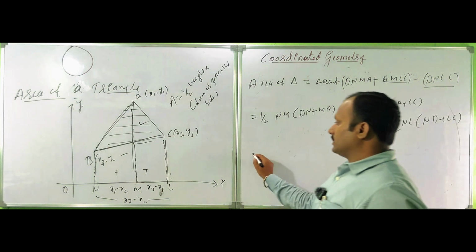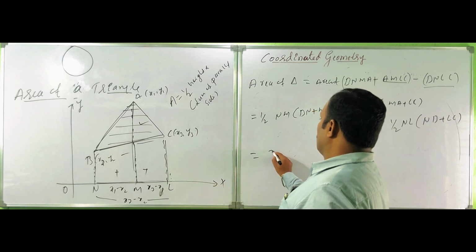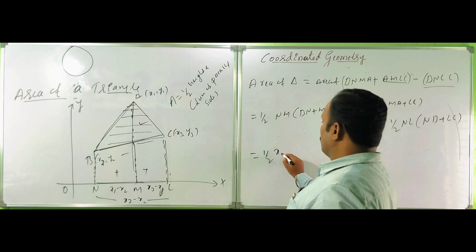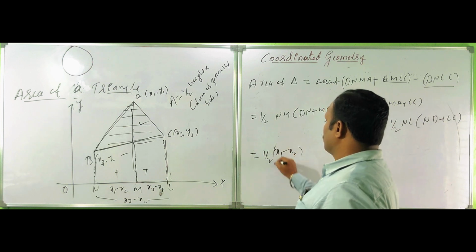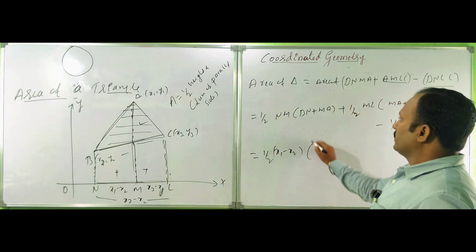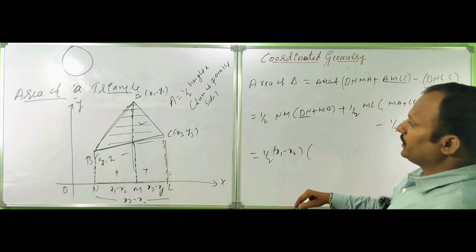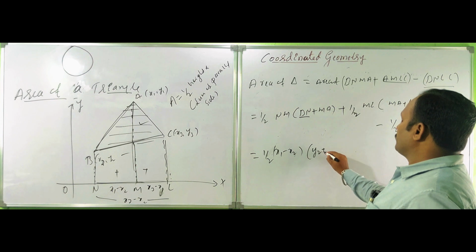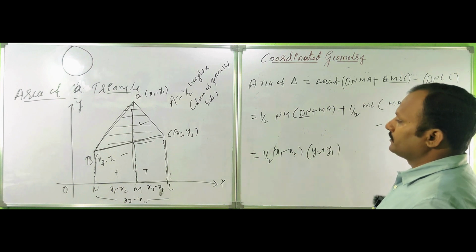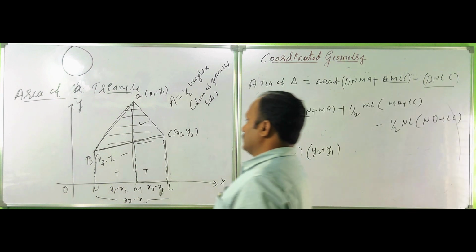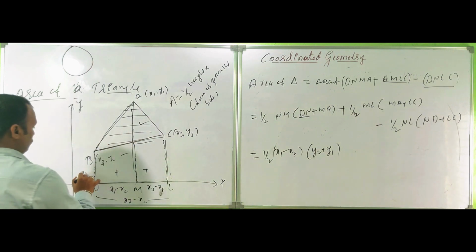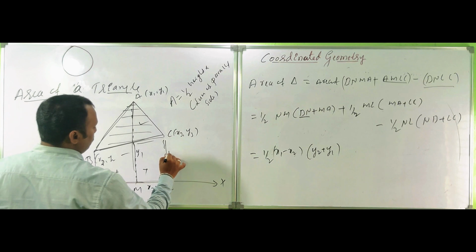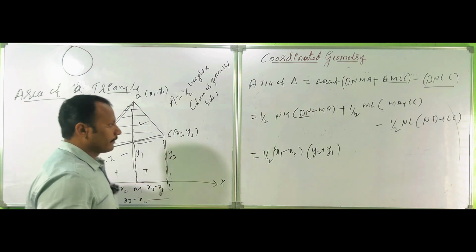This NM is 1/2 x1 minus x2. What is BN? BN is y2 and MA is y1. So y2 plus y1. This is y2, this is y1, this is y3.